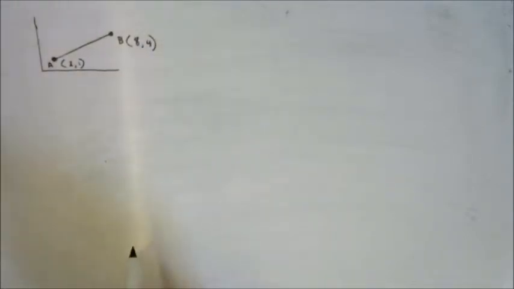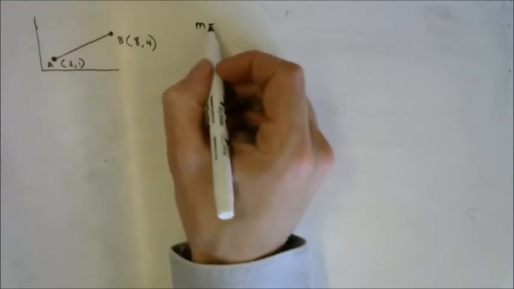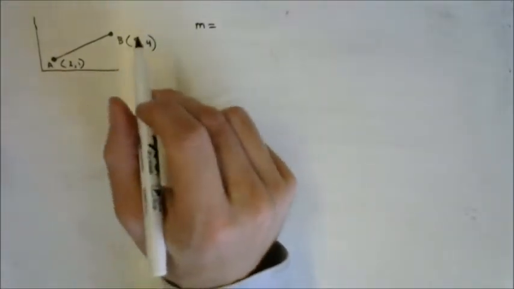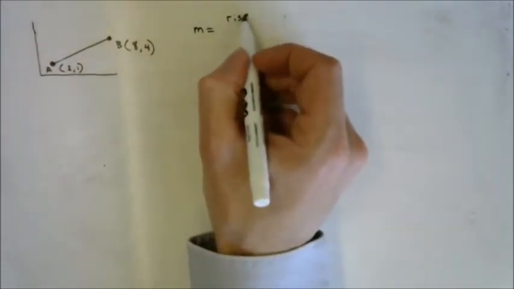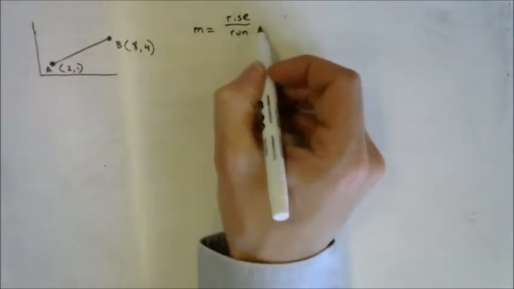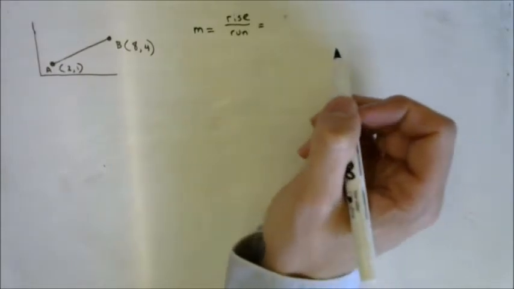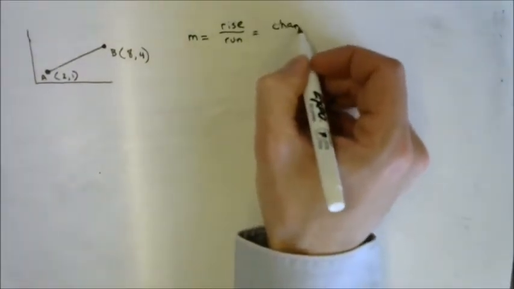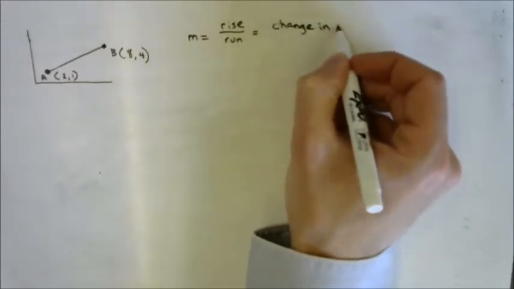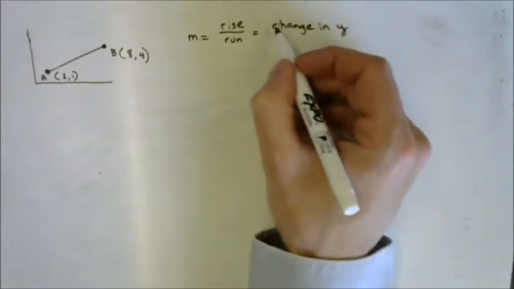Here's A, here's B, you have their coordinates, find the slope. Slope is rise over run. The rise is going to be the change in the y value.